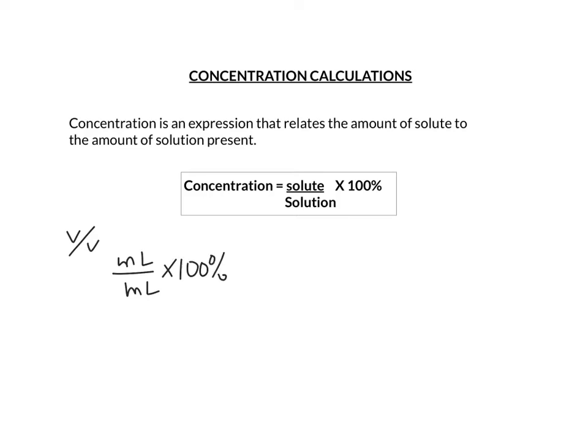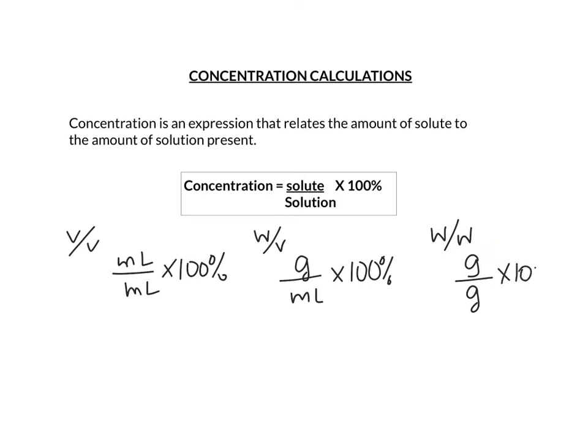We've got weight by volume, which is grams of solute over milliliters of solution times 100%. And then we have a percent weight by weight, and that is grams of solute over grams of solution times 100%.